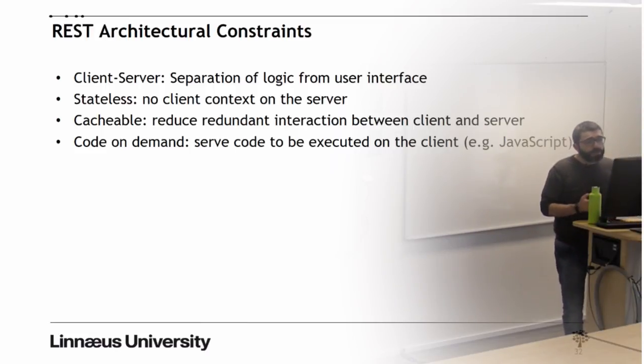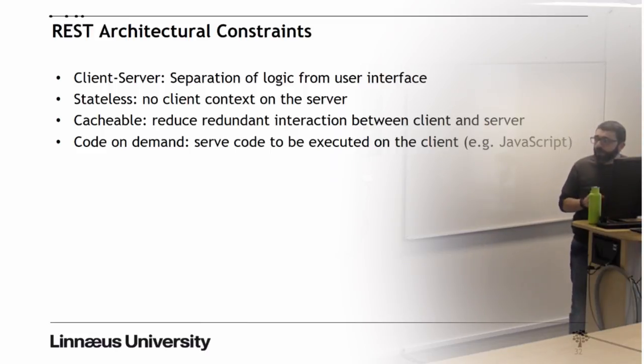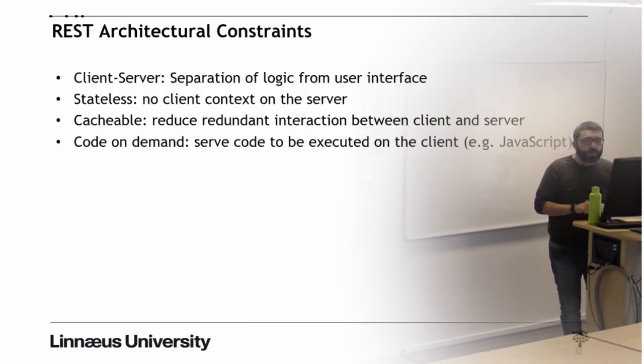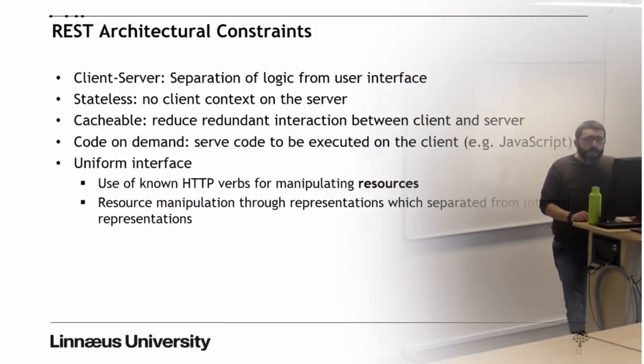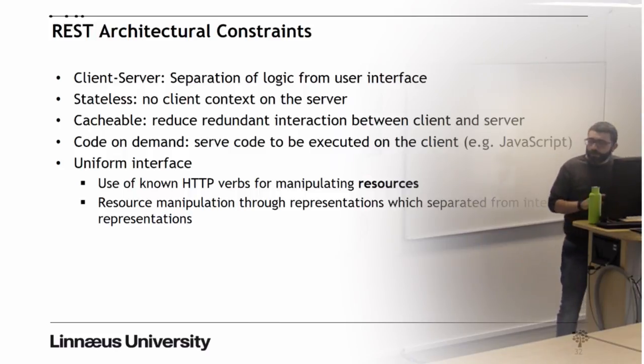You access a website and then you download code written in JavaScript that runs on your own browser. This code is not run on the remote side. And then the uniform interface. We use the well-known HTTP verbs for manipulating resources. This means GET, PUT, POST, and DELETE.